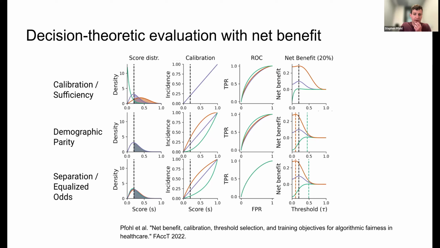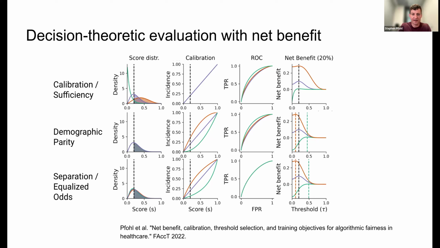What we find is that if you assume that the different subgroups have the same preferences for the different cells of the confusion matrix, that's true positives, false positives, false negatives, true negatives, a model that is calibrated and satisfies sufficiency, that is, it's calibrated for all subgroups, or rather has the same calibration curve, is consistent with a policy that confers the most benefit for each subgroup.